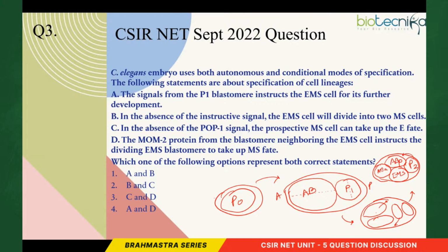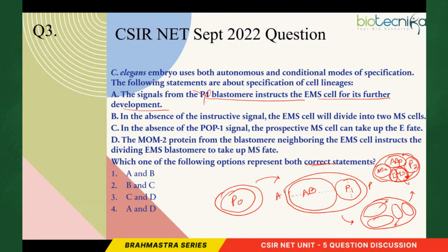Okay, so you must learn all the cells and what they are giving rise to from your theory classes. But for this question, you should know that the signals from the P1 blastomere instructs the EMS cell for its further development. So this is not correct. You have to mark the correct option, because P2 actually instructs the EMS cell, so that the daughter cells which EMS will form, EMS will also divide.